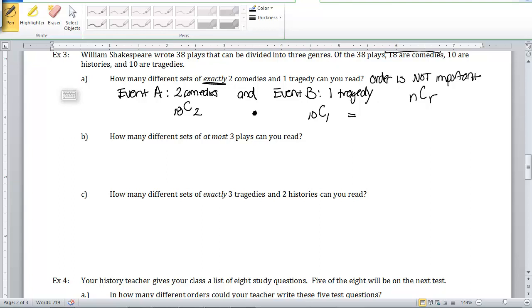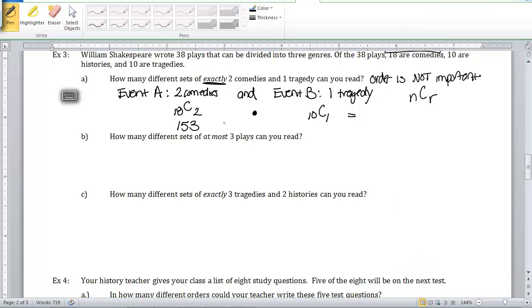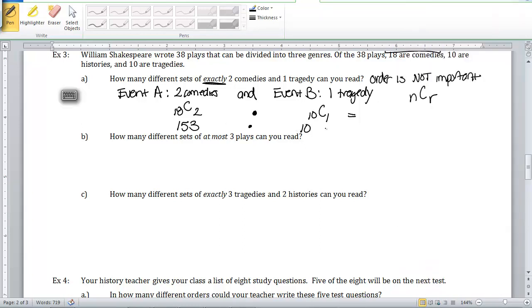So like the problem before, if we calculate the 18 choose 2, I get 153, and the 10 choose 1 gives me 10, and so 153 times 10 is 1,530 different sets of exactly 2 comedies and 1 tragedy.